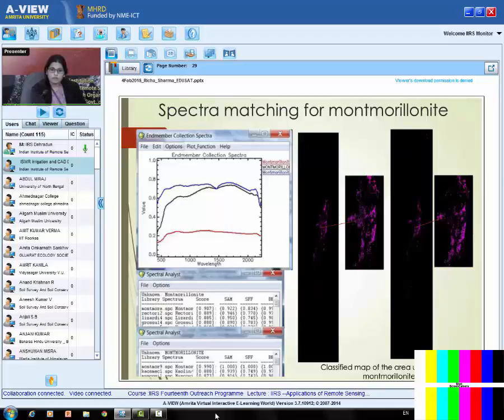When we ran the Spectral Analyst algorithm to match the image spectrum with the USGS library spectrum, it gave us the final score. This percent means 90%. The spectrum is matching the USGS ideal library spectrum with a 90% match.